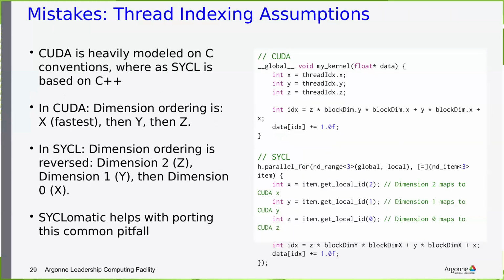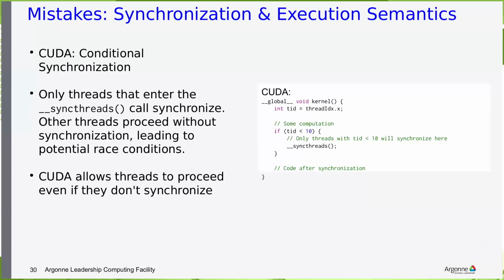So there are two possible side effects. One is incorrect answers, which is the worst case. Second is performance degradation, of course. The second pitfall is synchronization semantics. Let's say you have source code like this, where threads 0 to 9 do a synchronization.